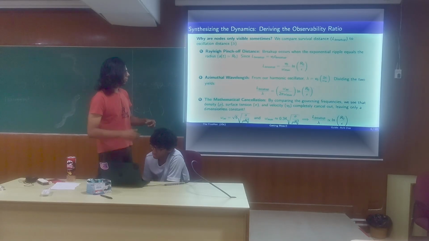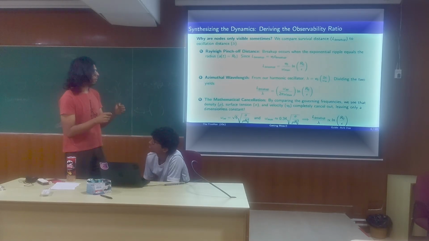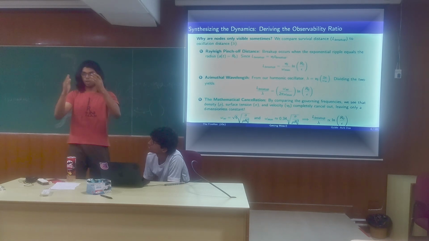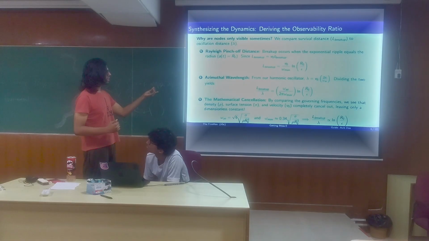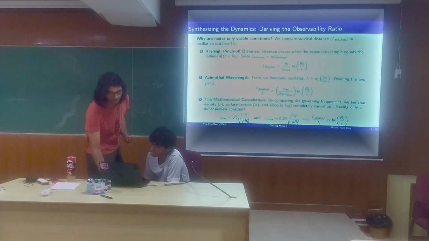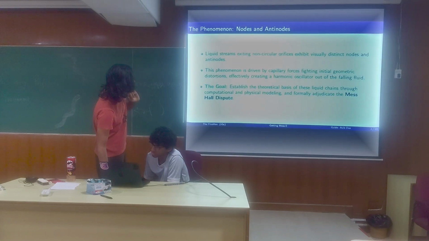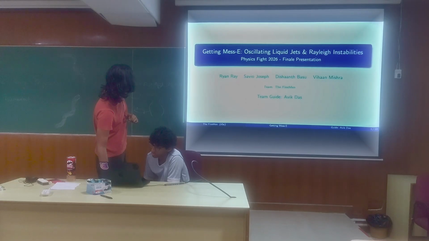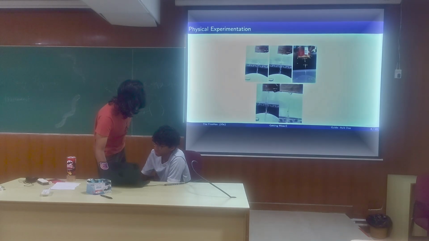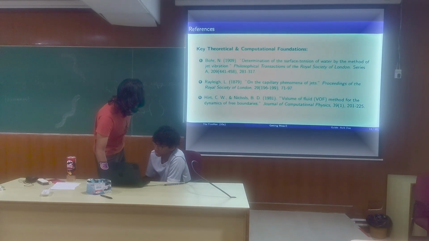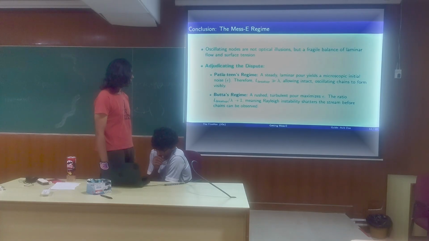This formula depends upon your R0 and your epsilon, which is your initial perturbation. So if your perturbation is low, you will have a lot of these wavelengths, else you will have few. This derivation is just done by dividing the two formulas. And the other one is when it's close to 1.